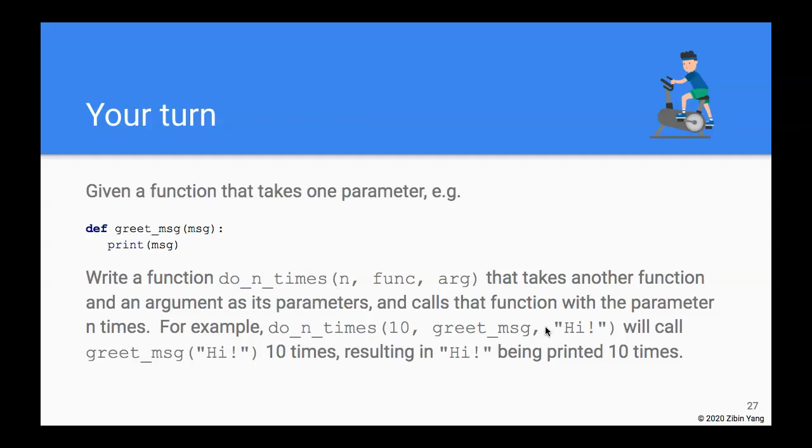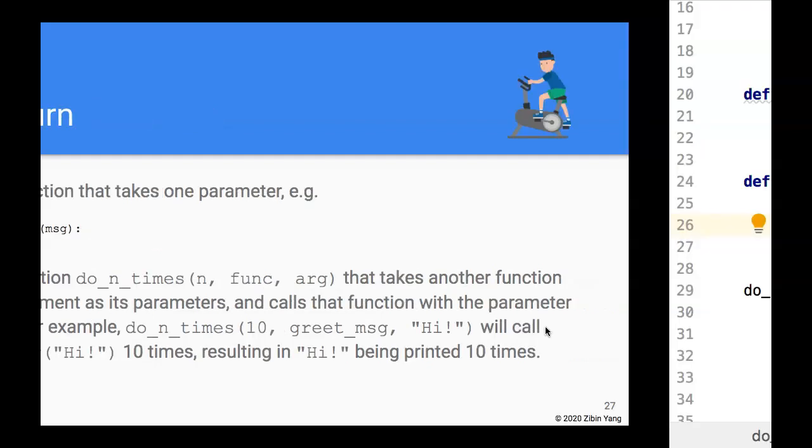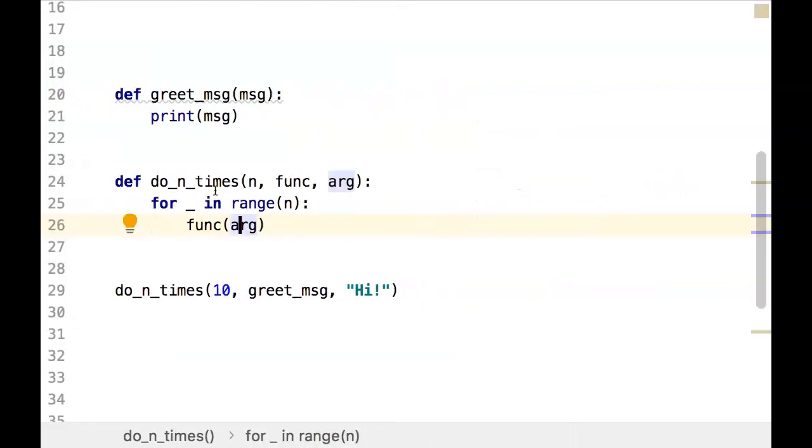All right, hopefully you have had some time to try it. Here is my answer. To repeat something n number of times, we use a for loop in the range of n. Because we don't care about the actual number, I'm just going to use an underscore. Inside this loop, I'm going to call the function.